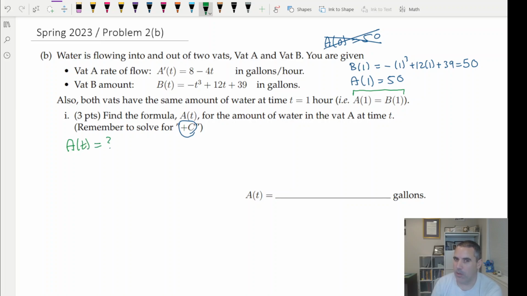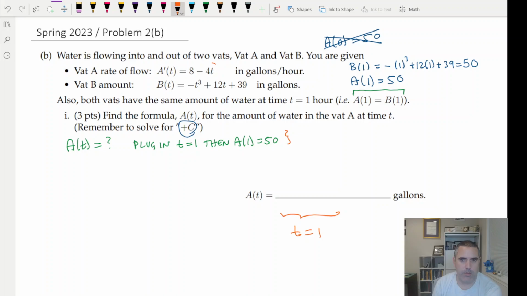And it's telling you that when you plug in t equals 1, you need to get the output 50. That's what we call our initial condition. So you want to make sure at the end that when you plug in a 1, a 50 pops out. And that's something you should always be checking. Check your initial condition. That's what the problem said, and I suspect that's where the confusion is.